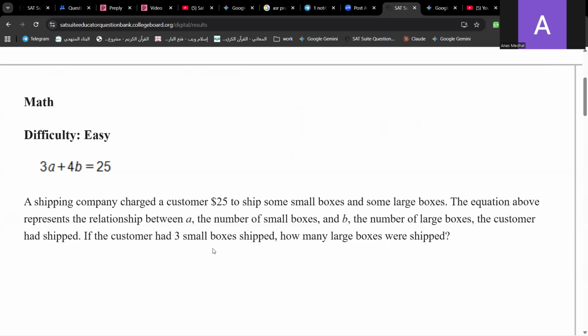You put 3 in A, for the smaller boxes. It will be 9 plus 4B equals 25. Shift this to the other side. It will be 16 equals 4B. So B is equal to 4.